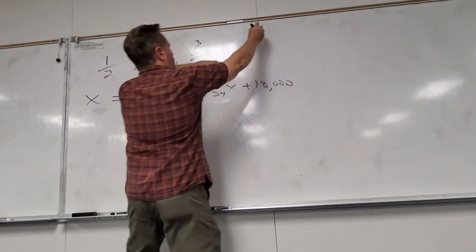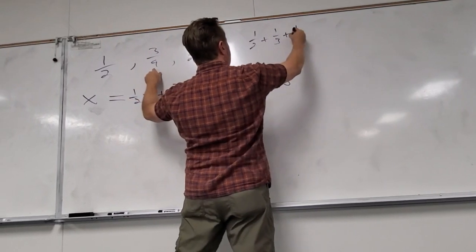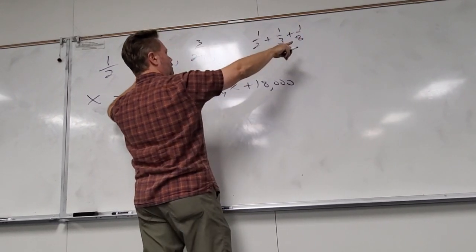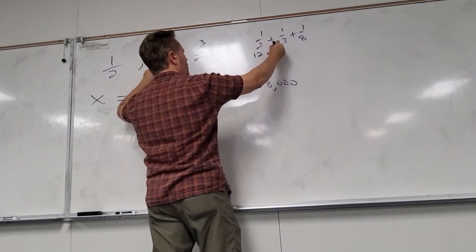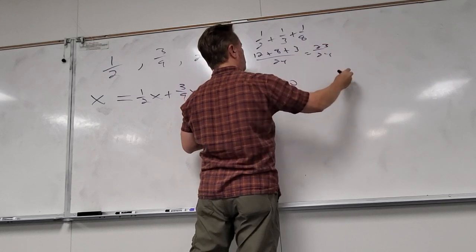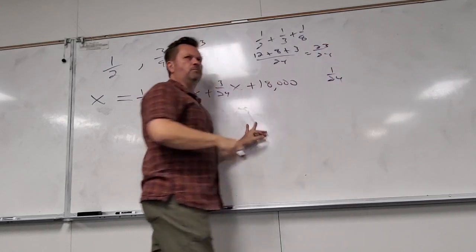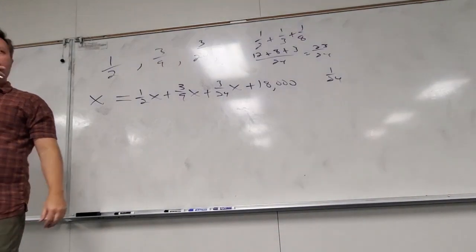So if I do that, I'll get 1/2 plus 1/3 plus 1/8. What's the LCD there? 24, I think I heard. 12 plus 8 plus 3, 23/24ths. So 18,000 must be 1/24 of the estate.